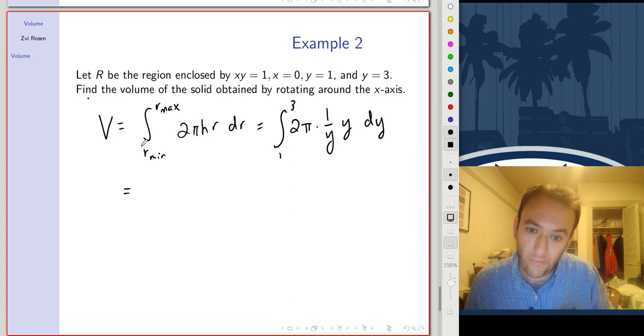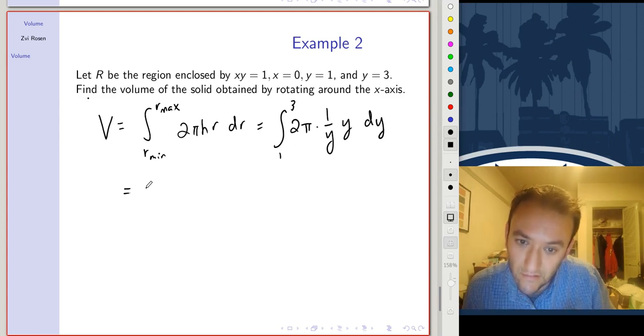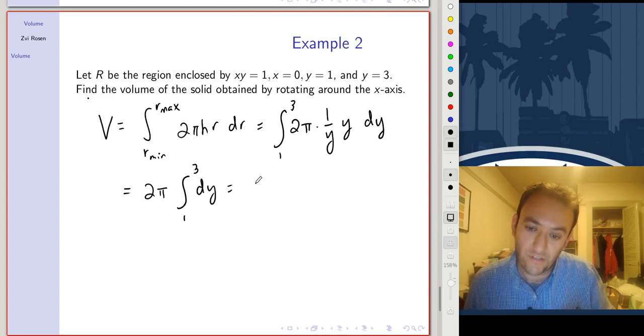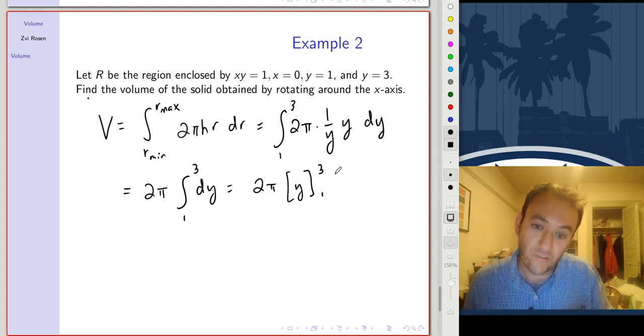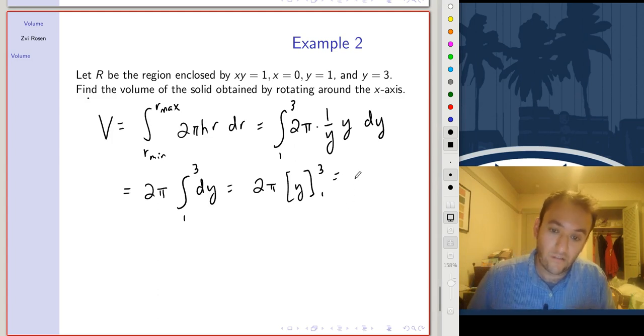And what we get is 2 pi times the integral from 1 to 3 dy, which is just 2 pi times y evaluated from 1 to 3, or 4 pi.